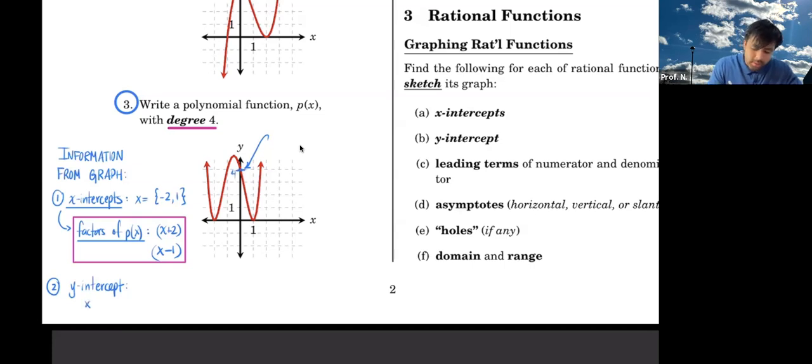So when x equals 0, y equals 4. Okay. So we know the factors are given by the x-intercepts, or the solutions, or the roots of the graph, of the function. We're able to figure out the y-intercept.